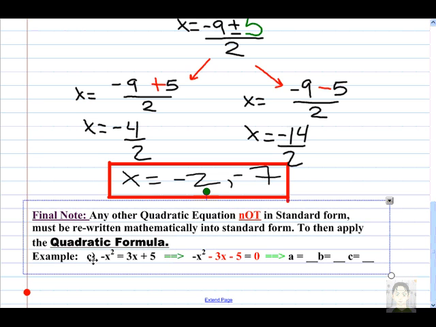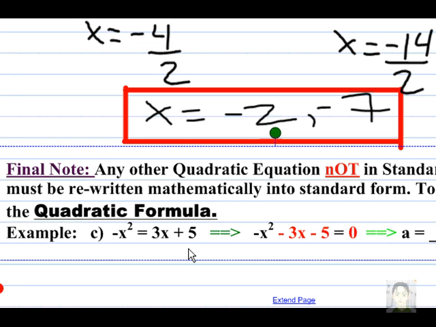For example, example C, if you run into a problem that looks like this, negative x squared equals 3x plus 5, then you want to mathematically make it into standard form, such that a equals negative 1, b equals negative 3, and c equals negative 5.